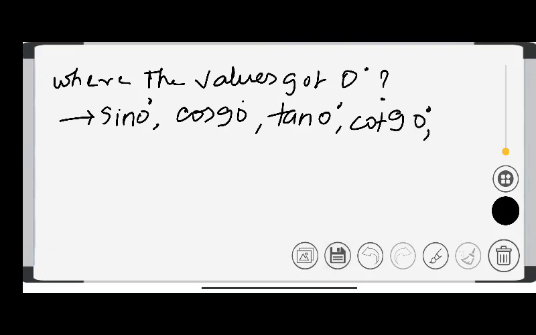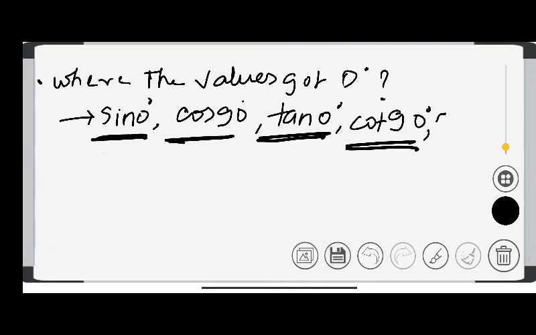Sec is not defined here, and cosec is also not defined here. Remember this. Where 0 degree arises here is sine 0 degree, cos 90 degree, tan 0 and cot 90.